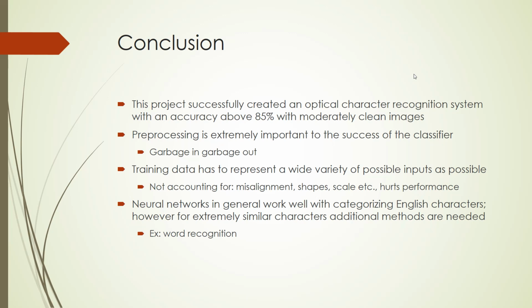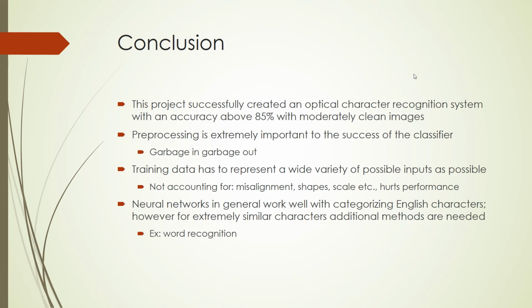And then for the neural network, in general, it works well, as you can see, with 85% for this topic. However, with some of those characters, this system alone will probably never get close to 100% just because of those similar letters.